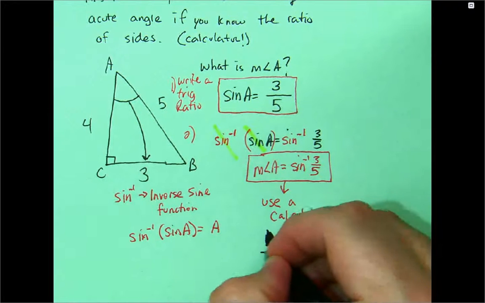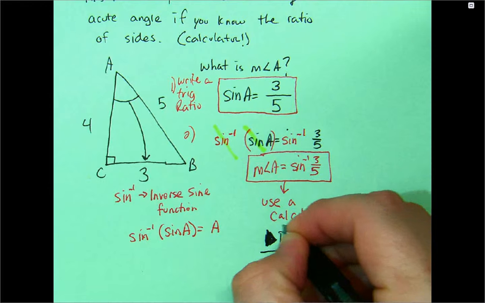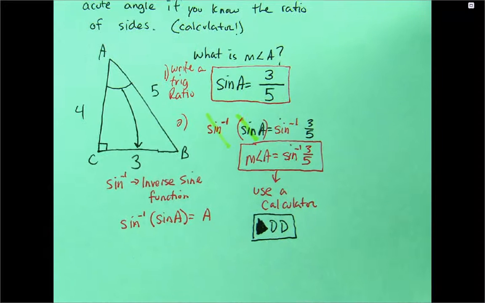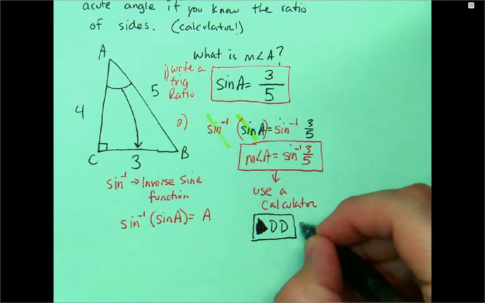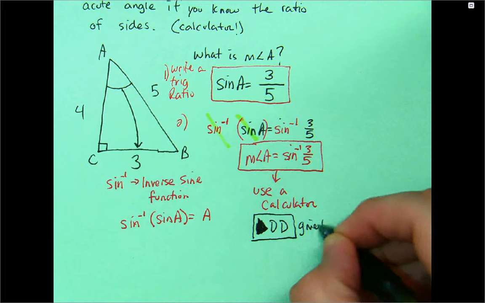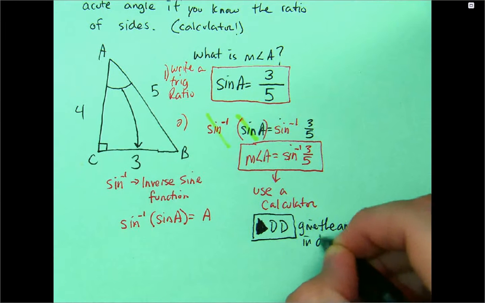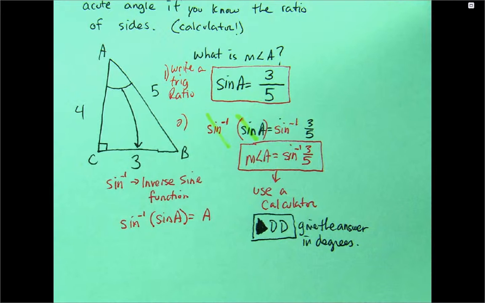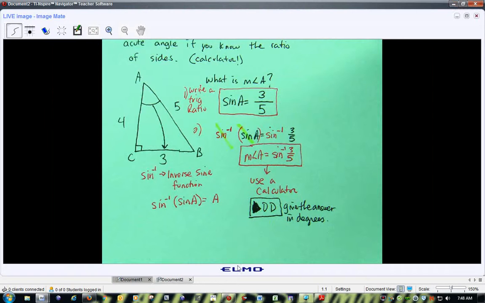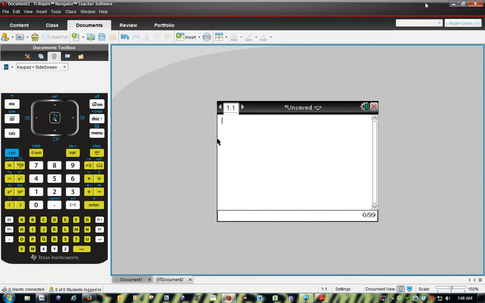This is an operation that says, give the answer in degrees. This is going to be an important thing for us. So let's go first to our calculator. The reason I tell you that is because your calculators might not be in degree mode. Some of them are, some of them aren't.